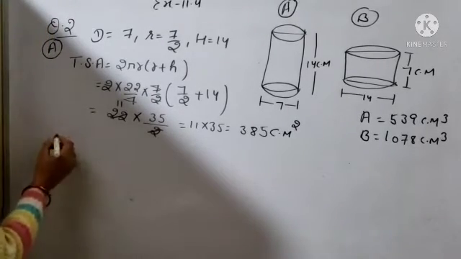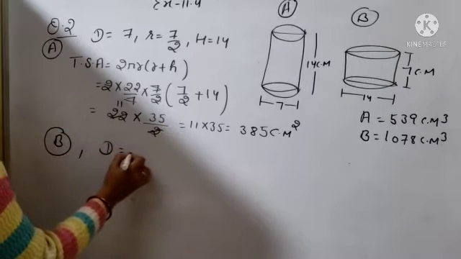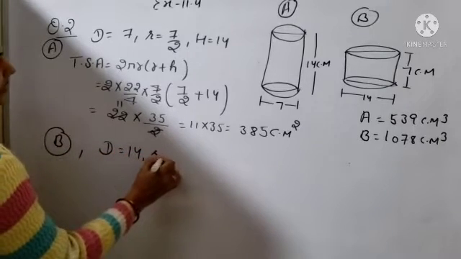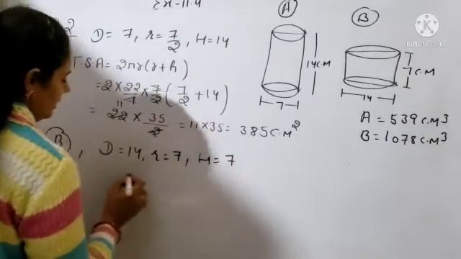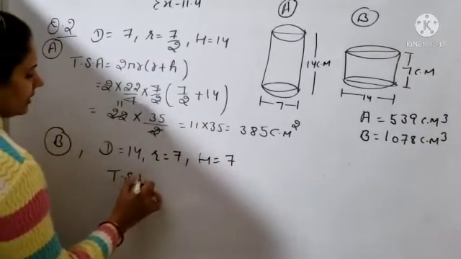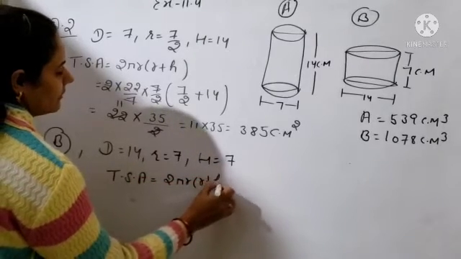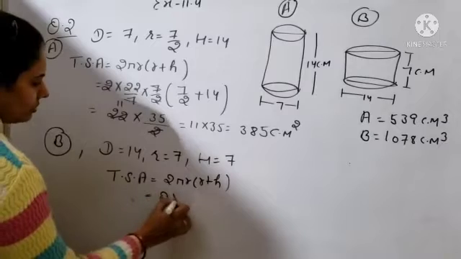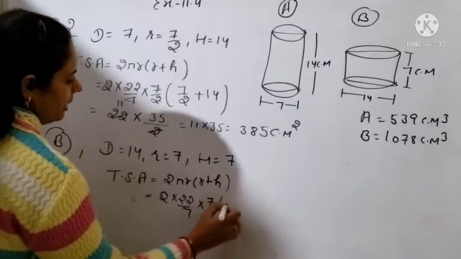Now you will find out the surface area of cylinder B. So diameter of cylinder B is 14, so radius will be 7 and height is equal to 7 centimeter. Now total surface area will be 2 pi r into r plus h. Now put the value: 2 into 22 by 7 into r plus h.